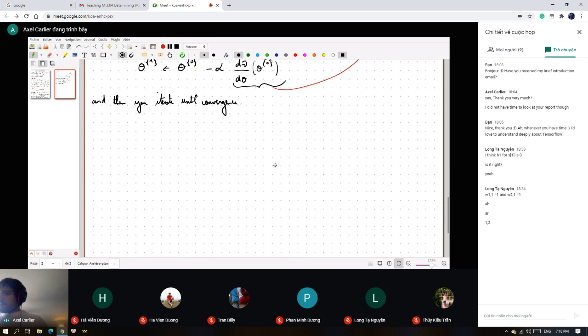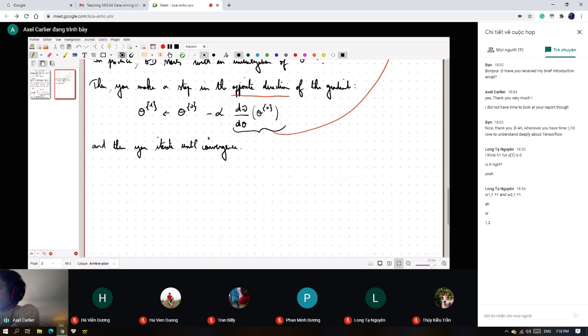Okay. So in fact, iterate means you do theta i plus 1 takes theta i minus alpha dJ over d theta evaluated on theta i. Okay. So this is the gradient descent algorithm.